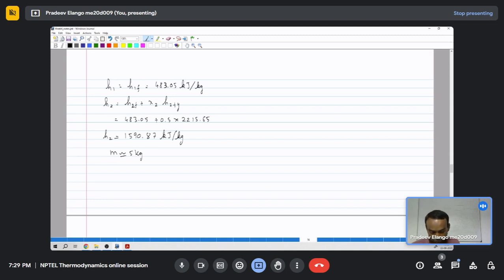So mass is 5 kg, and now Q is M into H2 minus H1. So that is 5 into H2, which is 1590.87 minus 483.05. Can you calculate the value of Q?